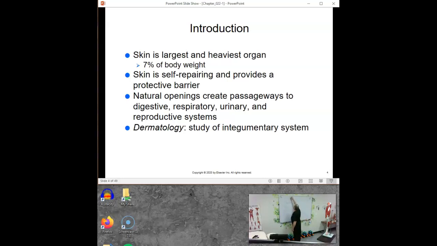This will be important later. Epi means upon, like on top of. So the epithelial tissue is the tissue that covers on top of stuff. And the epidermis, which we're going to very soon learn is the first layer of skin, is the top layer. It's the layer upon the other layers. That's where epi comes from. And we see it a lot in anatomy. That's why I'm bringing it up.